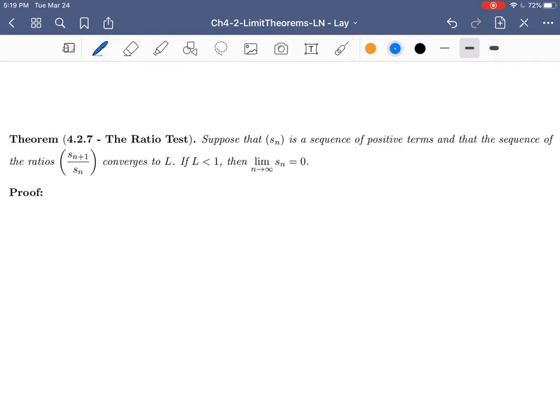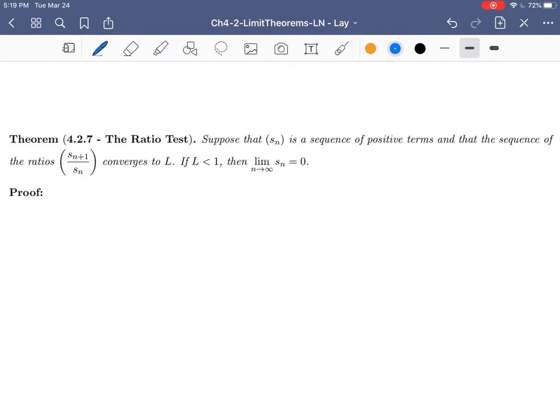Suppose that S sub n is a sequence of positive terms, so every single choice of S sub n is bigger than 0, and that the sequence of the ratios, where we take the next term S sub n plus 1 and divide it by the previous term S sub n, converges to L. If that value of L is less than 1, then the original sequence has to converge to 0. Let's take the time to prove that.